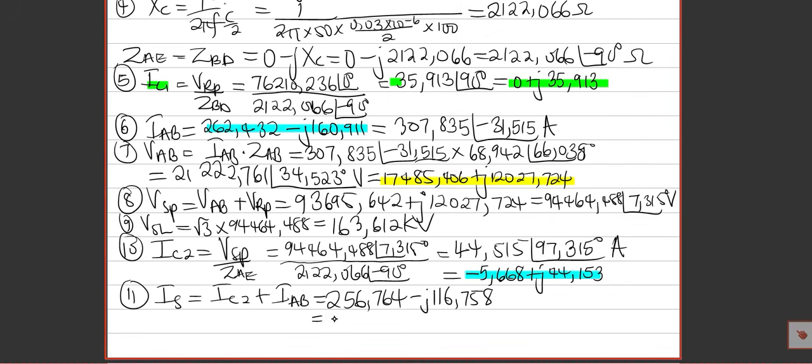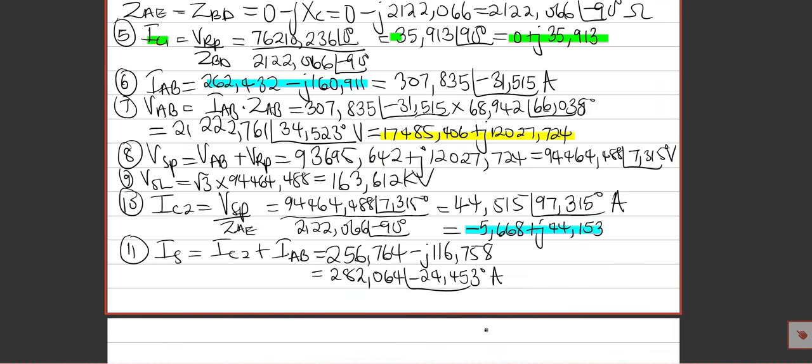So we have 282,064 at the angle of minus 24,453 amps.